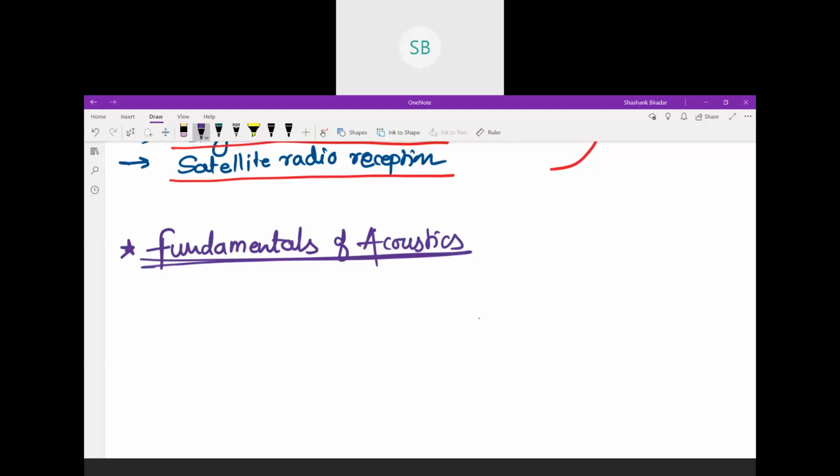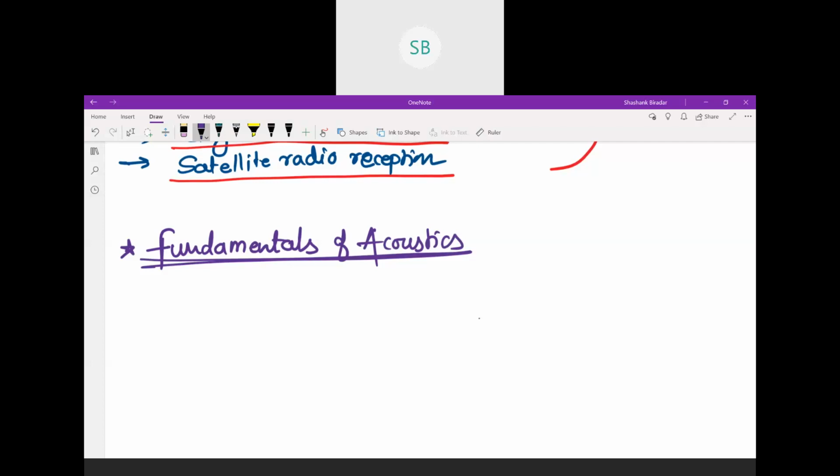Fundamentals of acoustics. So acoustics means what? You are basically dealing with sound. Am I right? There are various definitions. Out of that we will focus on the most accepted definitions.